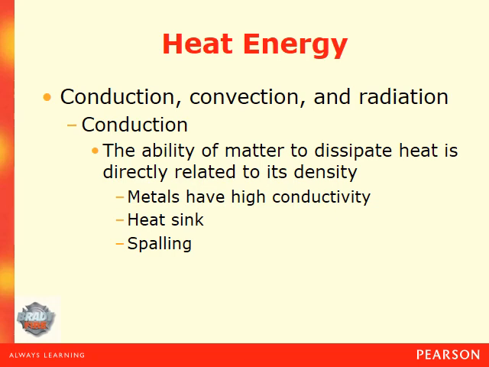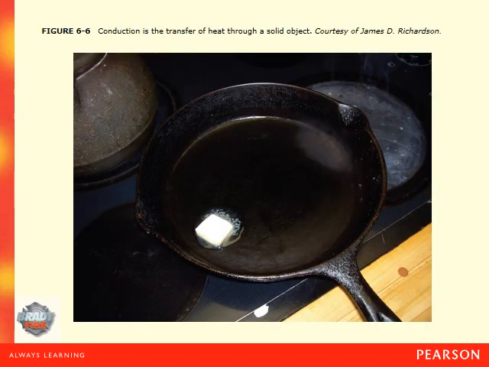When you heat concrete up, the water vapor that's locked in the concrete will turn to a gas and cause it to kind of explode and flake out. And here's our great picture of our cast iron skillet with conduction, and the butter is melting because of the energy transfer from the stove going through the skillet to the butter.